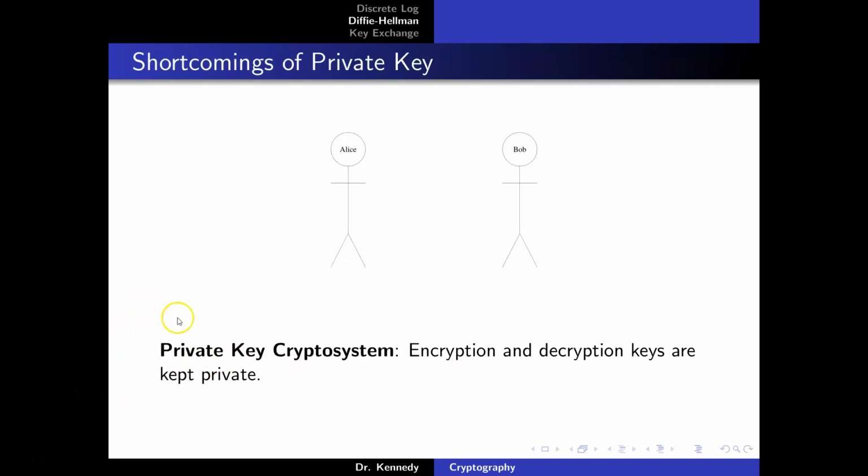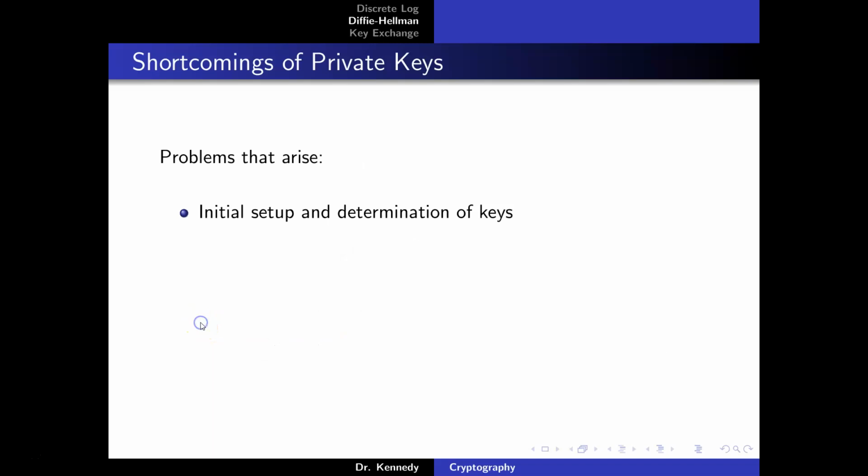Okay, so as I mentioned, we've been talking about private key crypto systems. All right, they have a couple of shortcomings. One is those keys are exactly that. They have to be kept private. This leads to potential security issues.